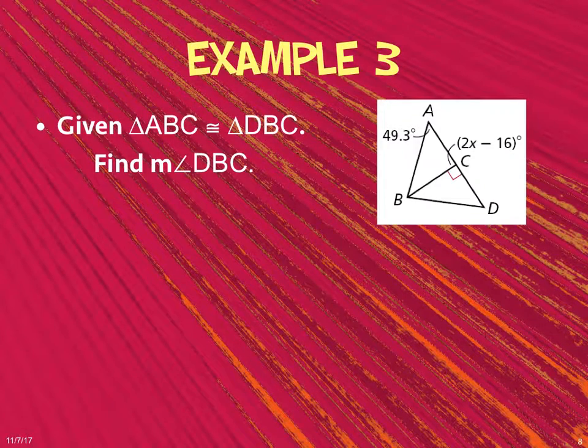So now again, like usual, they throw back in the algebra part of this. This is where you get to reminisce about the good old days of algebra. Given that triangle ABC is congruent to triangle DBC, find the measure, and it's got 3 letters, folks. DBC. Where's the vertex in that? B, okay?